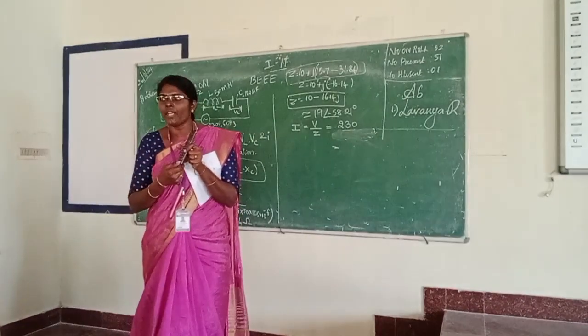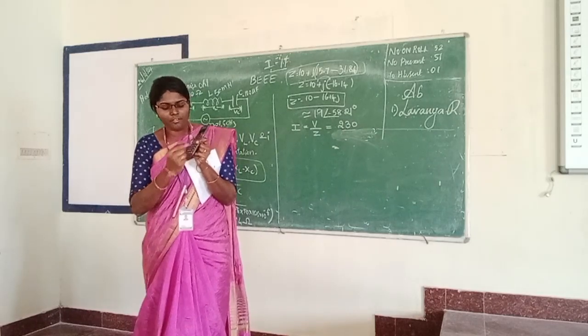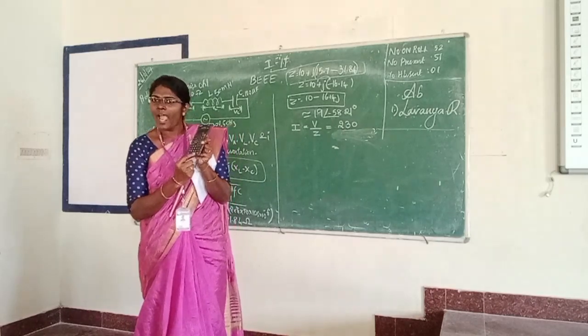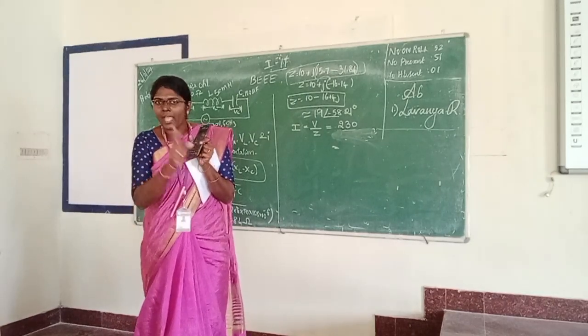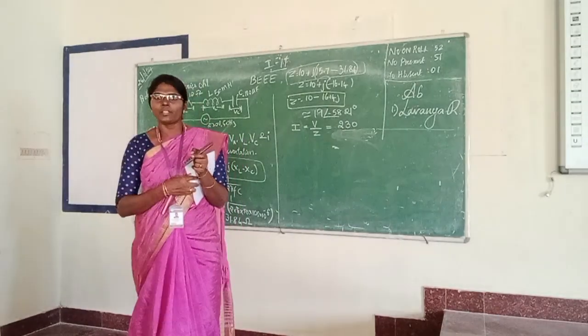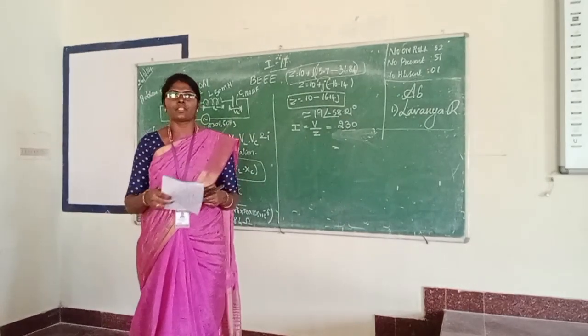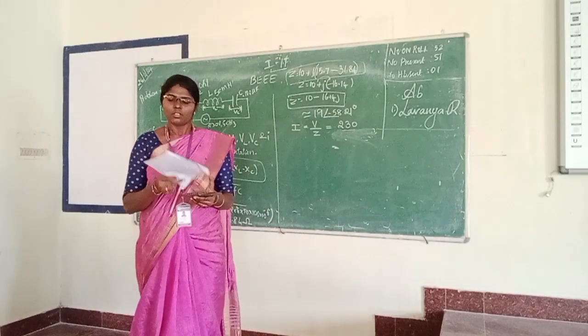Next, what do we have to do? We have to do 230 divided by the answer, right? Just click that, then press divided by answer equals 6.38. Again press equal, 10.28. Okay, fine.